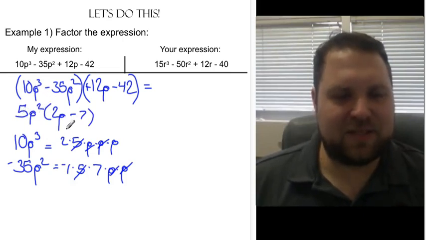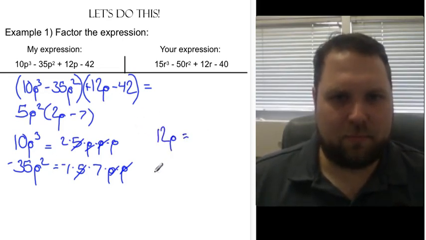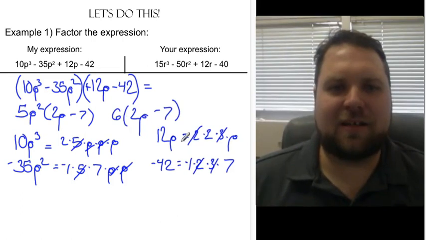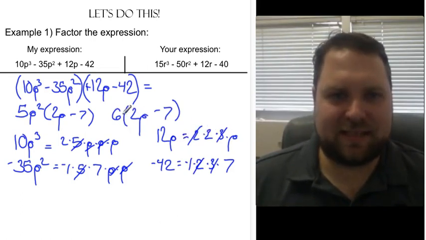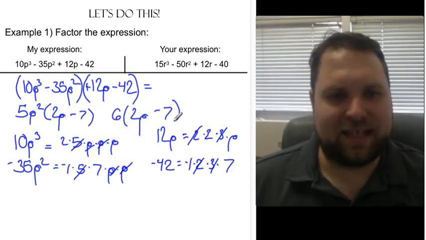I got 5p squared as my greatest common factor, and then that's what I had left over. You can multiply to verify that it works. Now we've got to do the same thing for the other one. So my common factor was 6, and I have 2p minus 7 left over.